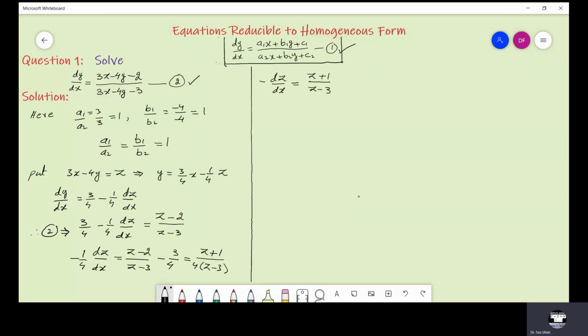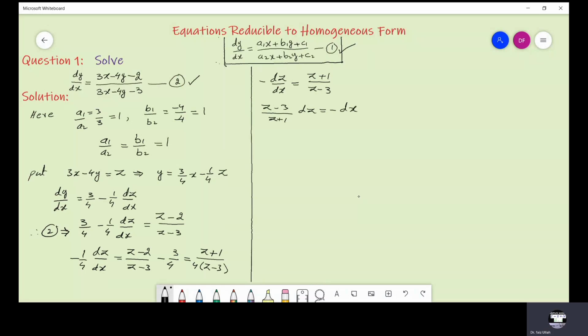So let us separate the variables. If we separate the variables, we have (z minus 3)/(z plus 1) dz is equal to minus dx.